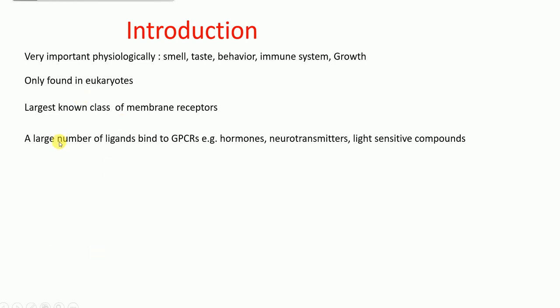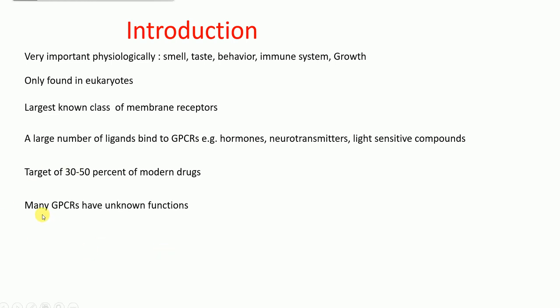A large number of ligands can bind with them, and these ligands can be hormones, neurotransmitters, light sensitive compounds, etc. They are the target of 30 to 50% of modern therapeutic drugs, which means that 30 to 50% of the drugs that we take in this modern age actually target G protein coupled receptors. Hence they are very important receptors to study.